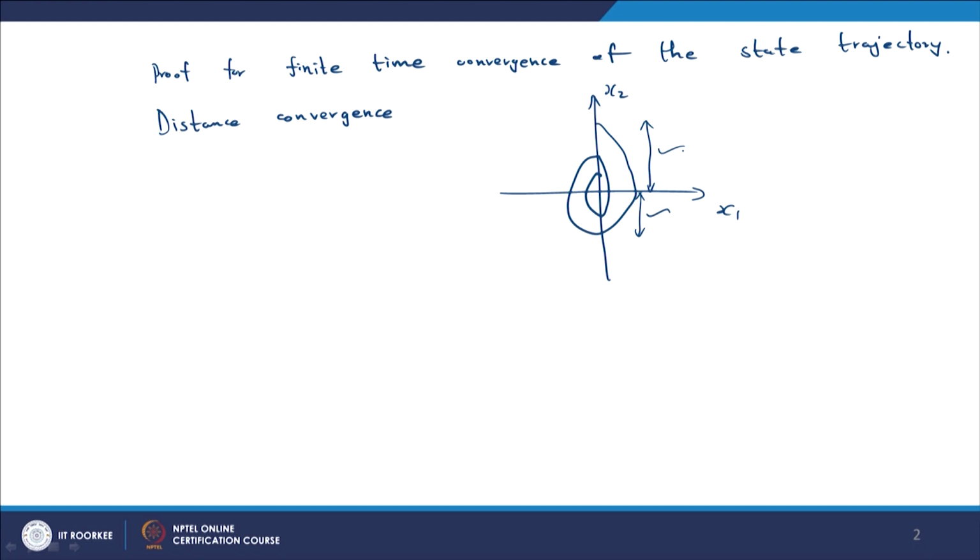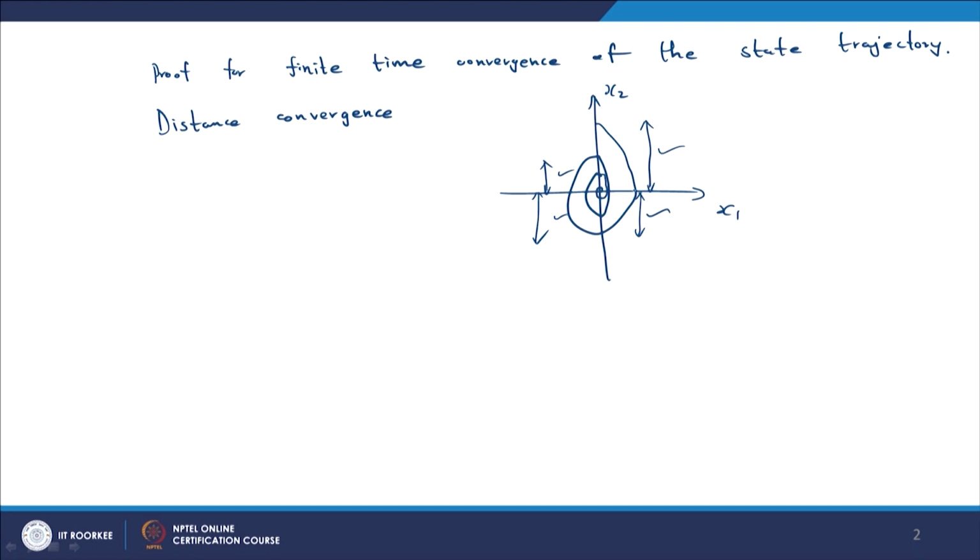Then we compare this distance and this distance, and again this distance is lesser. So this proves that the trajectory of the state is converging to the equilibrium point in finite time.